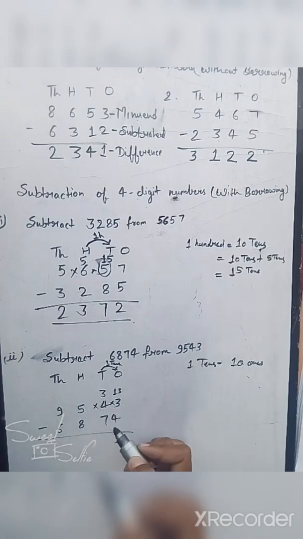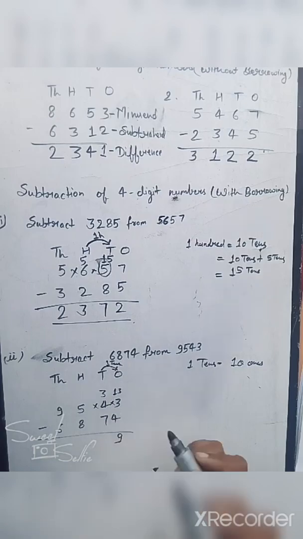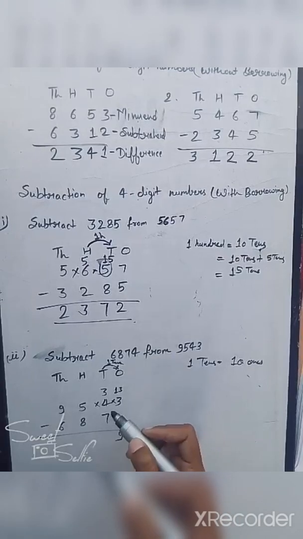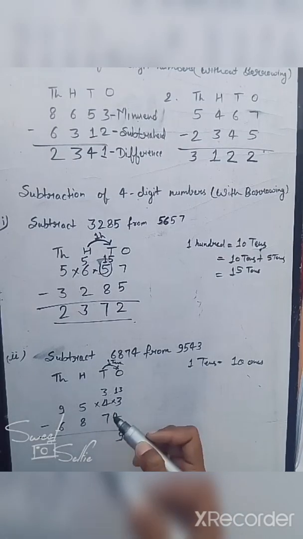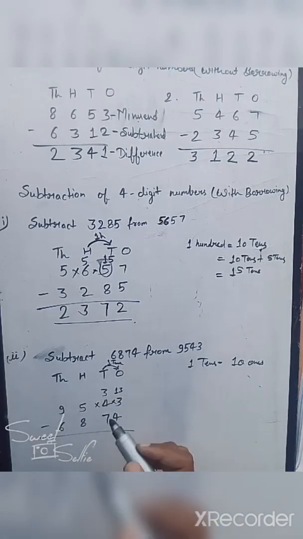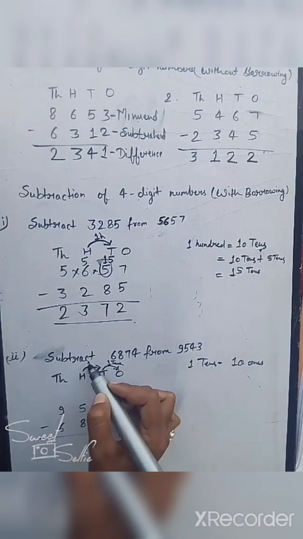Yes, and now we have to subtract 7 tens from 3 tens. So it is also not possible. So again tens will borrow 100 from the hundreds column.